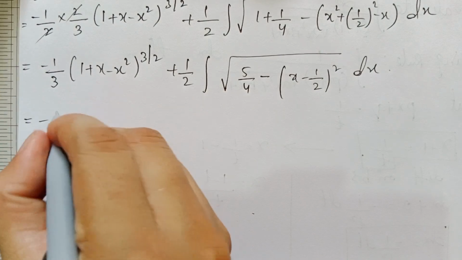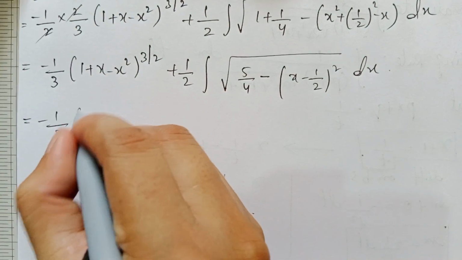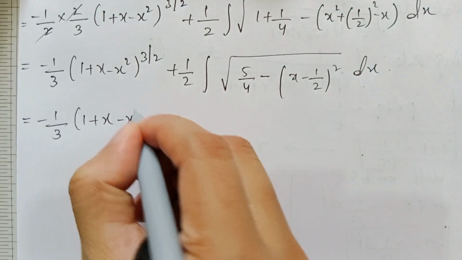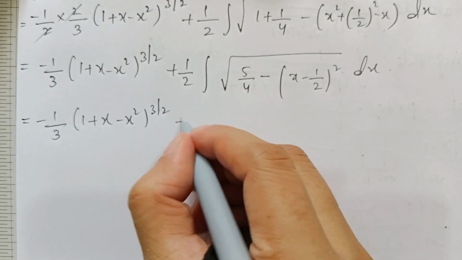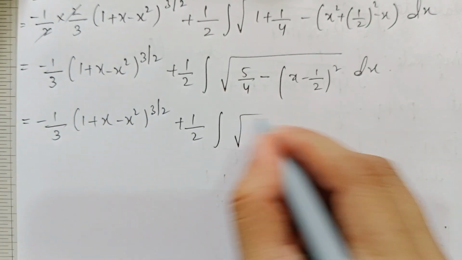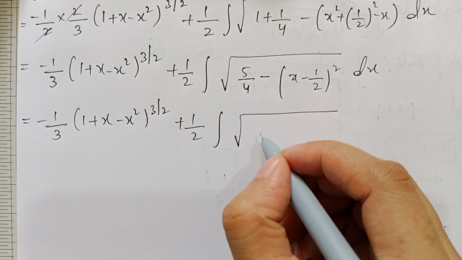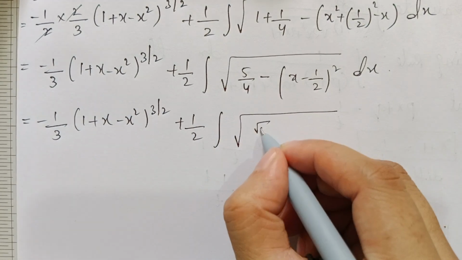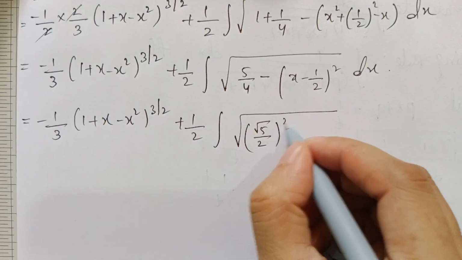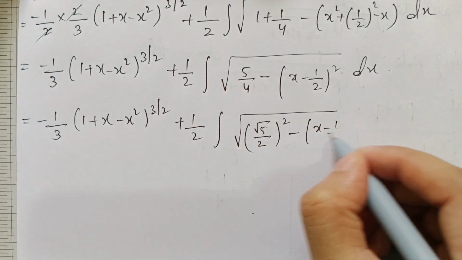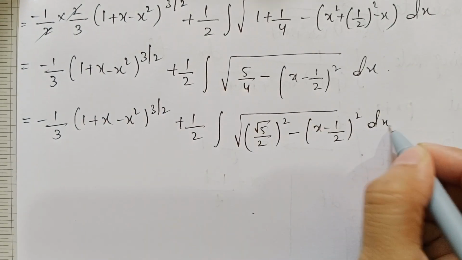This is equal to 1 by 3 minus 1 by 3 into 1 plus x minus x square whole power 3 by 2, plus 1 by 2 integral root of, this can be written as, the 4 can be written as 2 square, and it is root 5 by 2 whole square minus x minus 1 by 2 whole square dx.